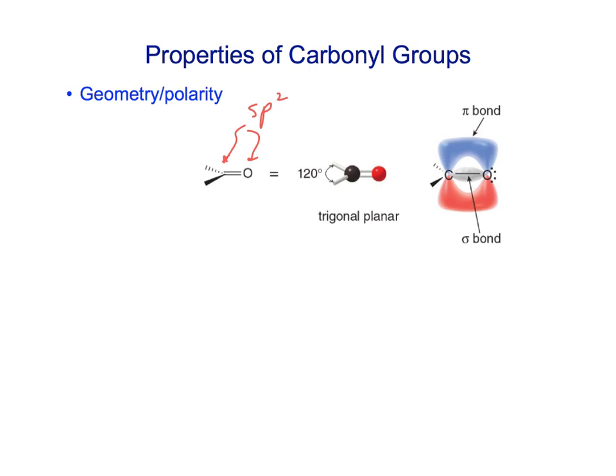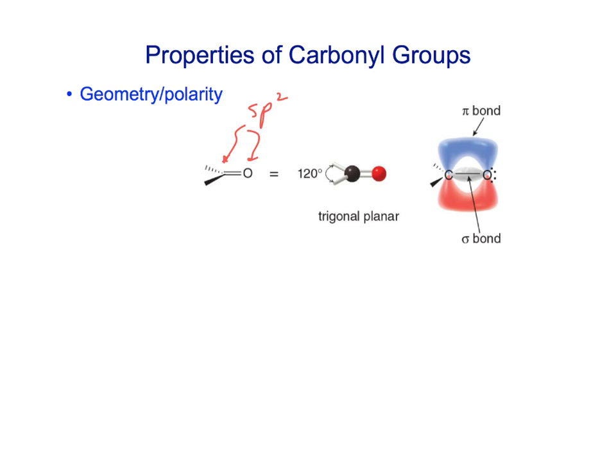All right? So we see it drawn over here. The oxygen is trigonal planar. It has 2 non-bonding pairs of electrons, and so those are in the sp2 hybridized orbitals, and so that's what makes that part trigonal. Remember that the angles are roughly 120, right?